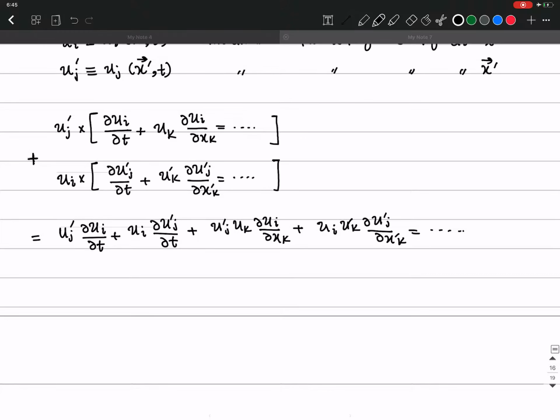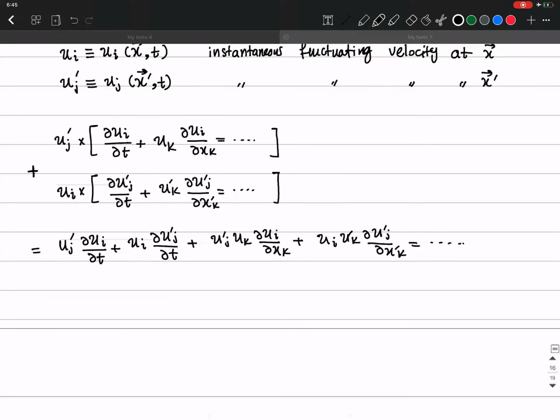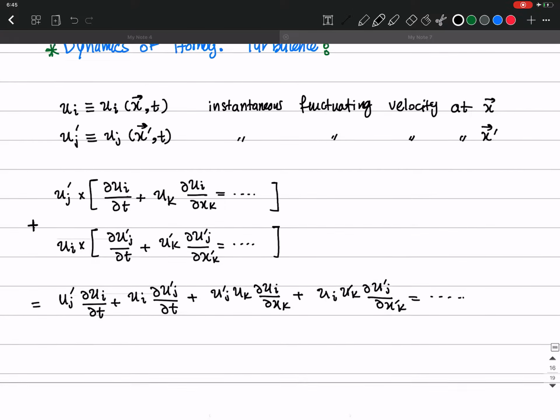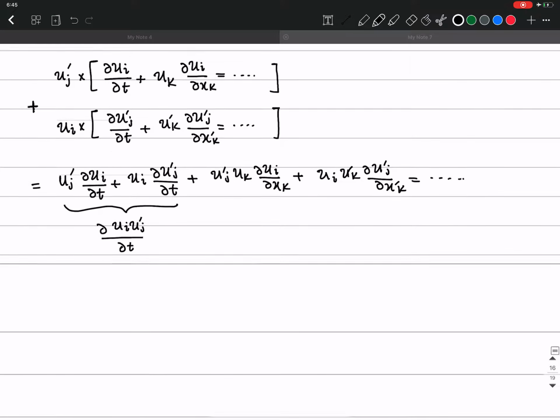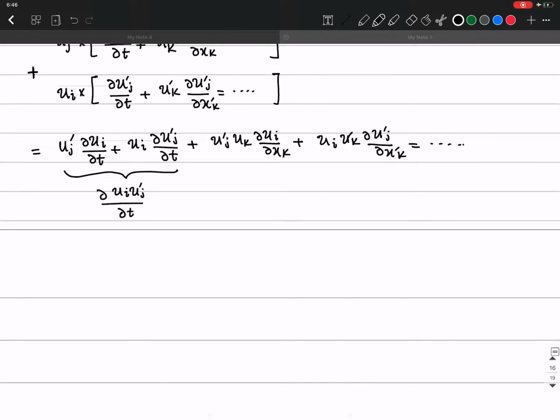Now we know that, based on calculus, the first two terms give partial ui u prime j over partial t. So this is the first simplification we made.